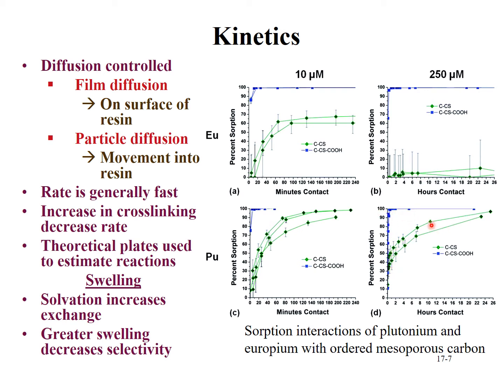And with the plutonium, under these experimental conditions, the contact time is measured in hours, a very long contact time, and the higher concentration is much less than at the lower concentration. So again, these parameters can be varied and used to achieve some separations. One, you can achieve separation from the kinetics, but also developing kinetic parameters so that the separation occurs on a reasonable time scale.